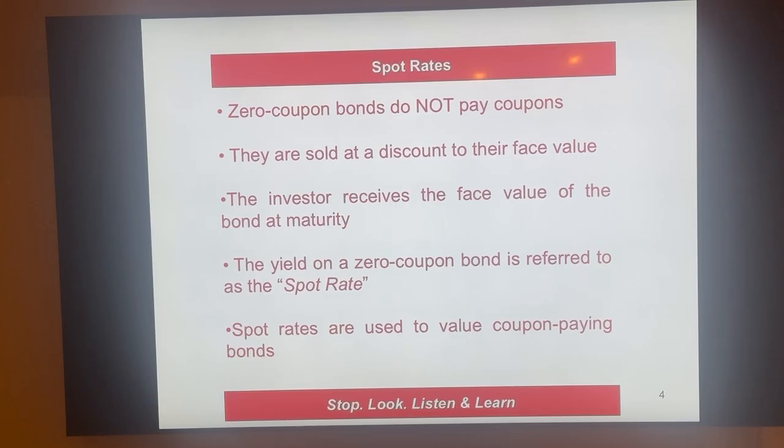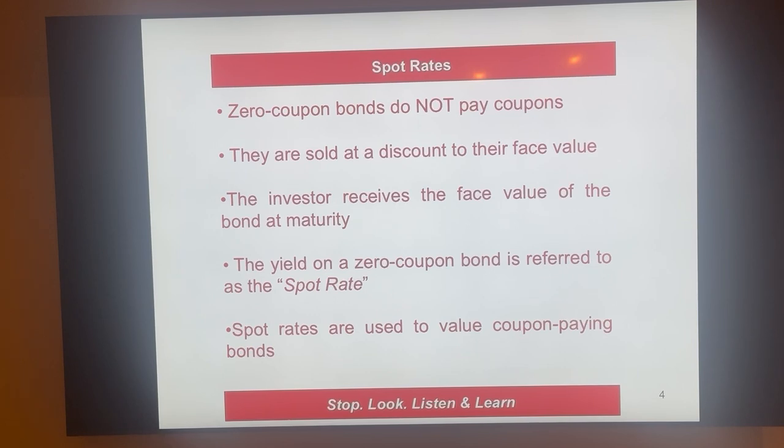So if you buy a 10-year zero coupon bond, you'll pay a discounted price, and at the end of 10 years, you would get the face value of the bond, and during that 10-year period, you will not receive any coupon payments. And the yield on a zero coupon bond is referred to as the spot rate.